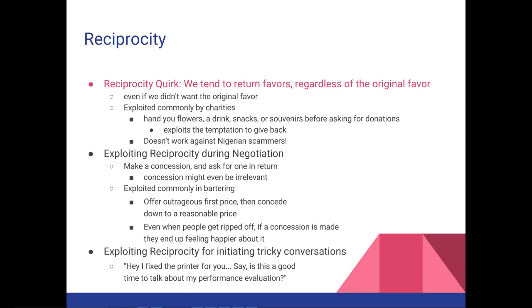Could be something along the lines of saying, "Hey, I fixed a printer for you," letting that set in, then asking, "Hey, is this a good time to talk about my performance evaluation?" You never really want to do your performance evaluation discussion when anyone's in a bad mood, so that's probably one good way of doing a favor for them to make sure that it's at least a little bit more favorable.